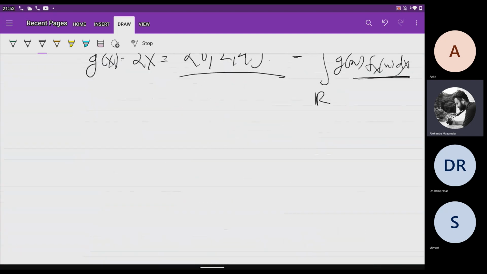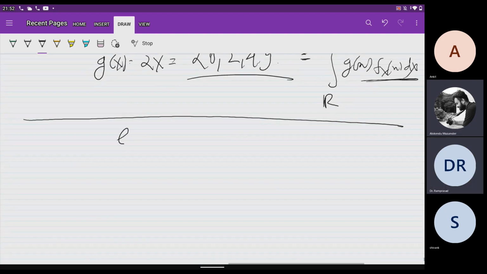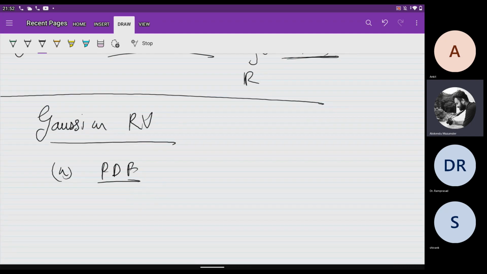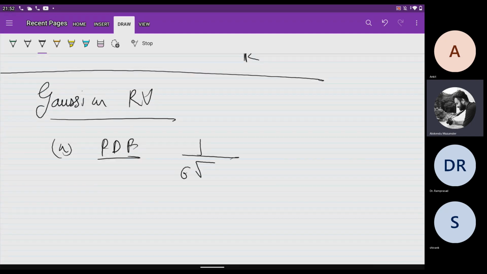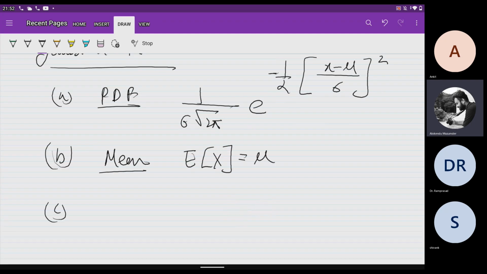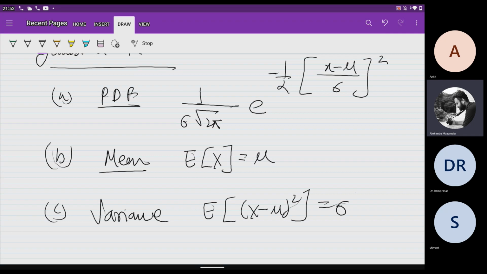Okay, so for a Gaussian random variable, we have the PDF, we have the mean defined as the expectation of x, which is nothing but mu, and we have the variance, which is defined as the expectation of (x minus mu) whole square, which is nothing but sigma square.